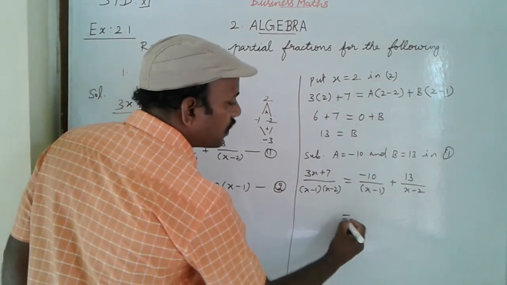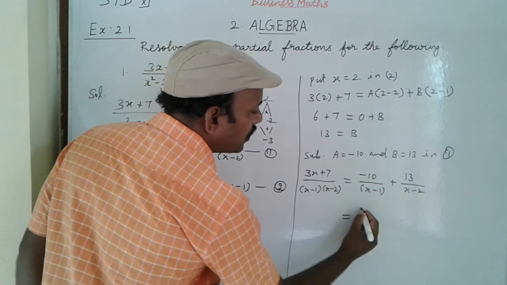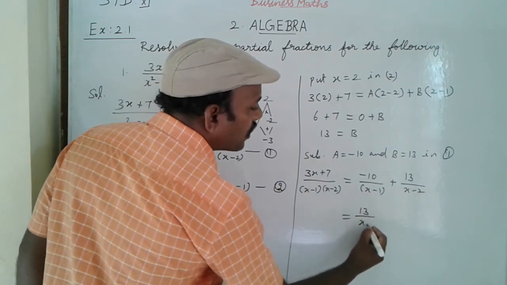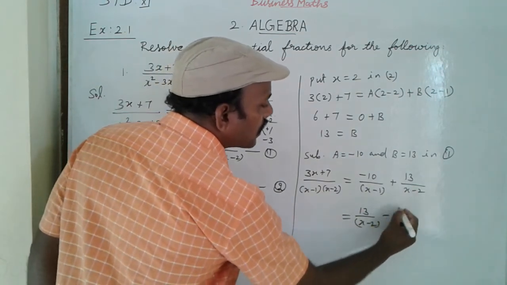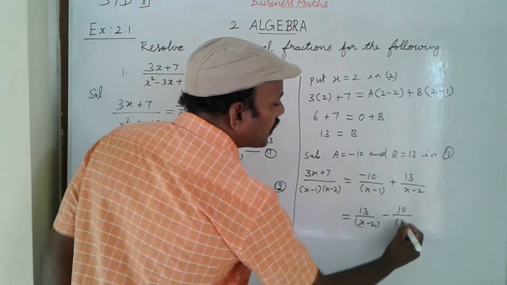Write in order, with the negative term next: 13 divided by (x − 2) minus 10 divided by (x − 1).